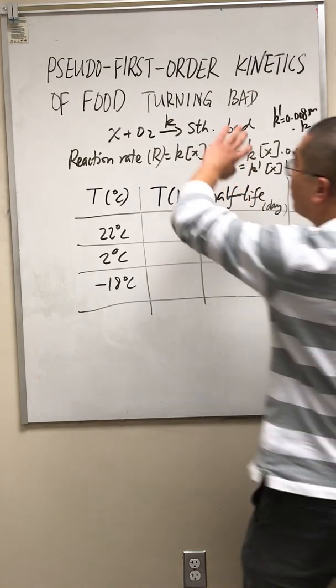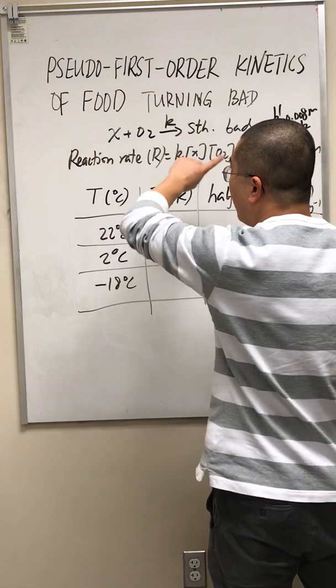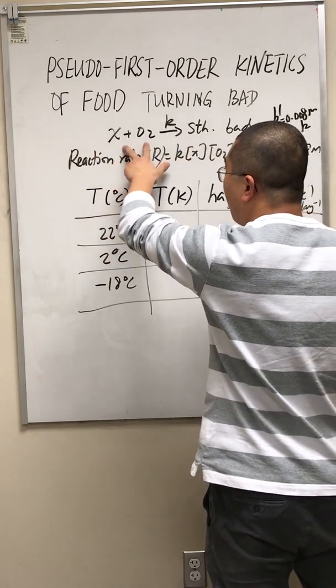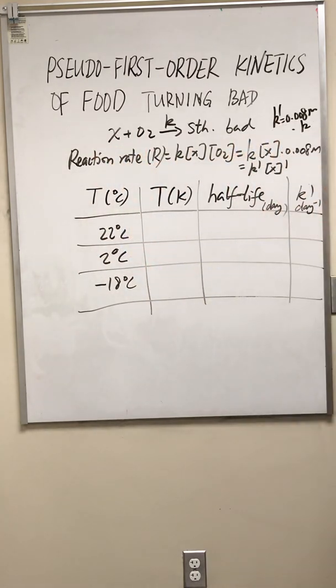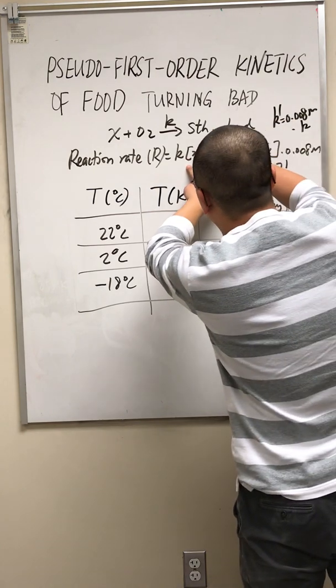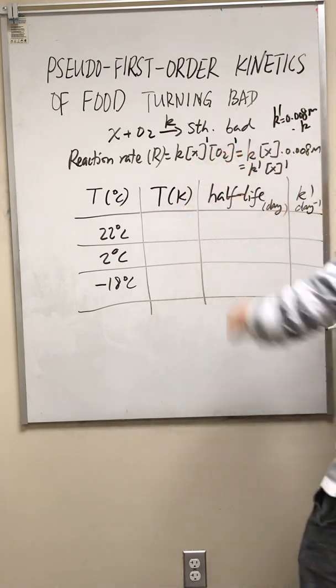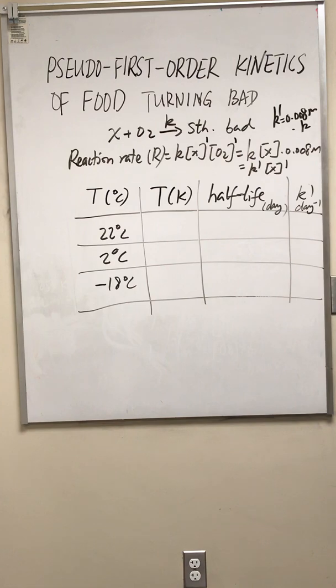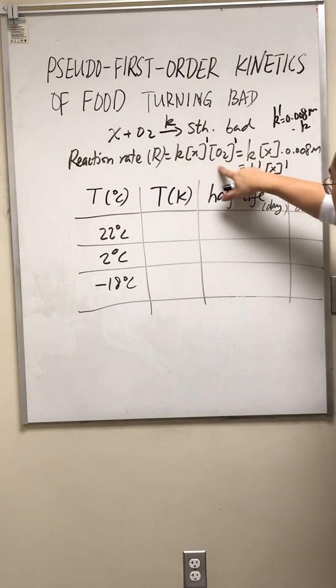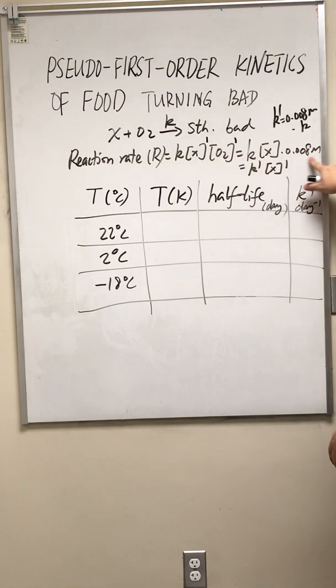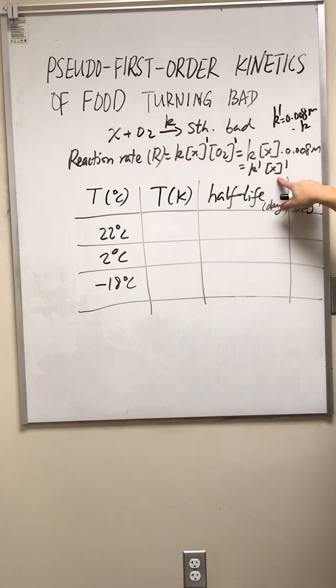We call that pseudo-first order because, again, in the elementary reaction step, there are actually two different reactants. Supposedly, you have a power here, another power here, you sum it up, and the order is 2. But only because this O2 remains constant throughout the reaction, we can tell that the reaction rate in the end is proportional to only the concentration of this X.